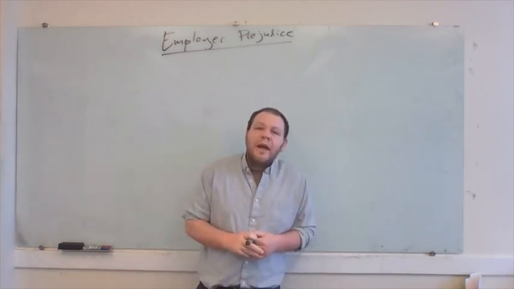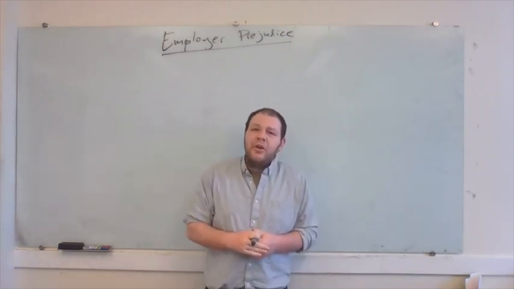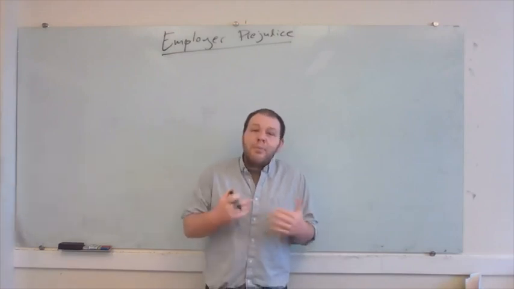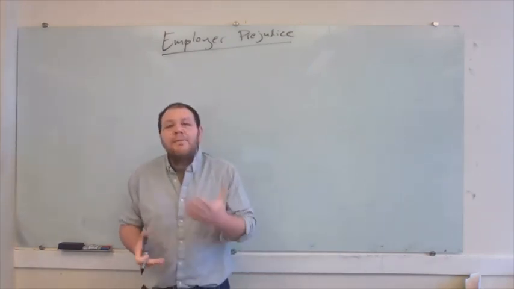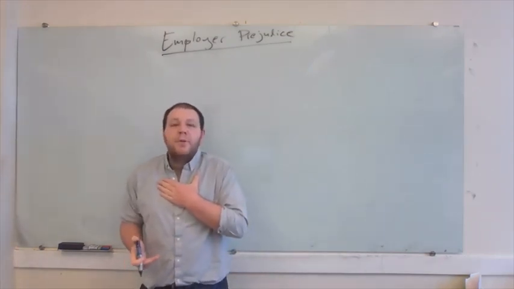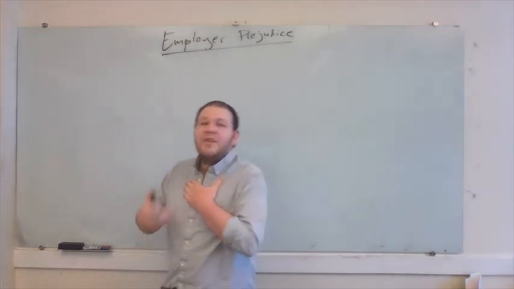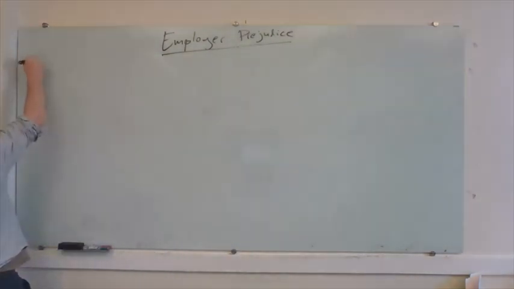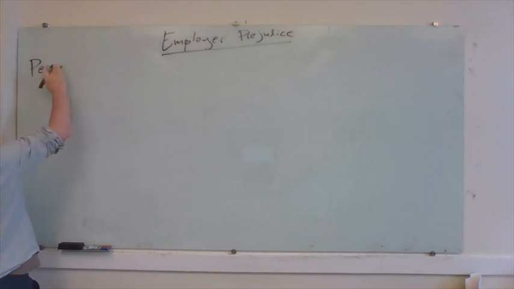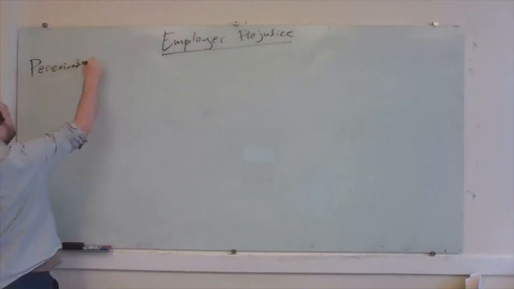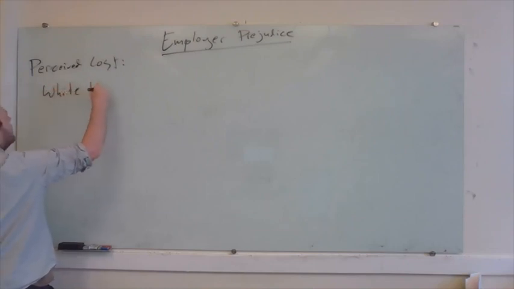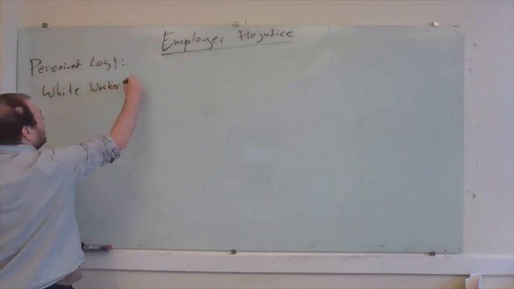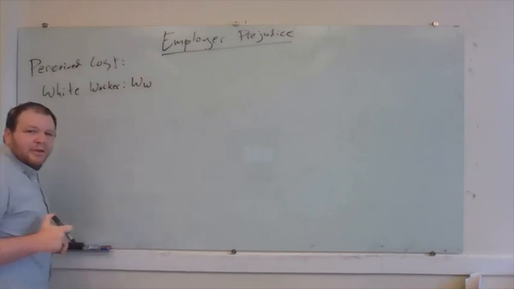Furthermore, we're going to start out by imagining a situation where employers are unprejudiced towards white workers, but are prejudiced towards non-white workers. So how that's going to look in this model is that from the perspective of the employer, the perceived cost of hiring a white worker is just that worker's wage, which we're going to call the wage white, WW.